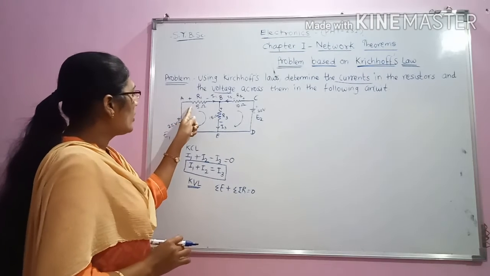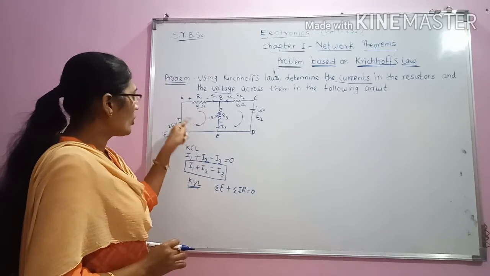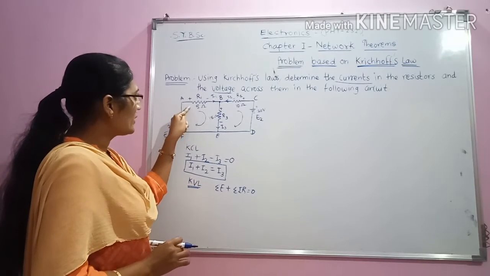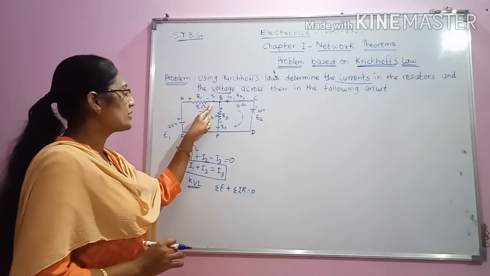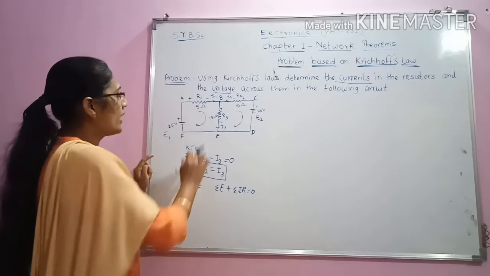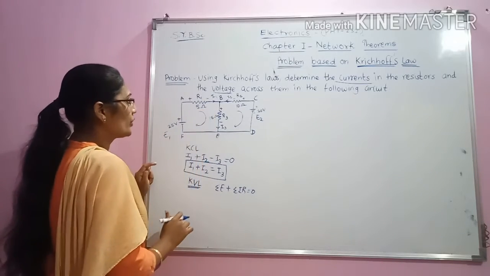See, here we are tracing the circuit in the direction of current, and hence there will be a decrease in potential, and hence we will have the negative voltage drop.